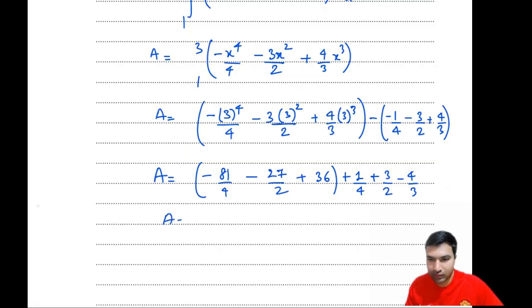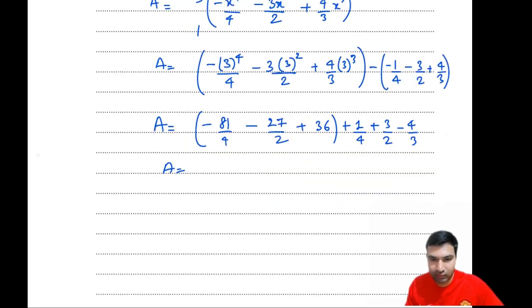So we get it from here as negative 81 over 4 plus 1 over 4, negative 27 plus 3 over 2, plus 36 minus 4 over 3. So this becomes negative 80 over 4. And that's it.